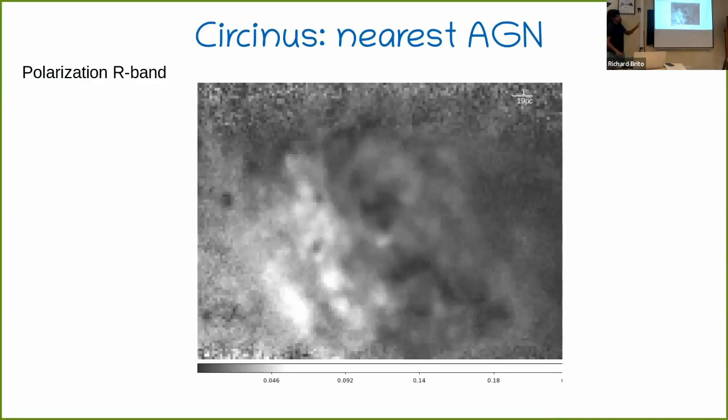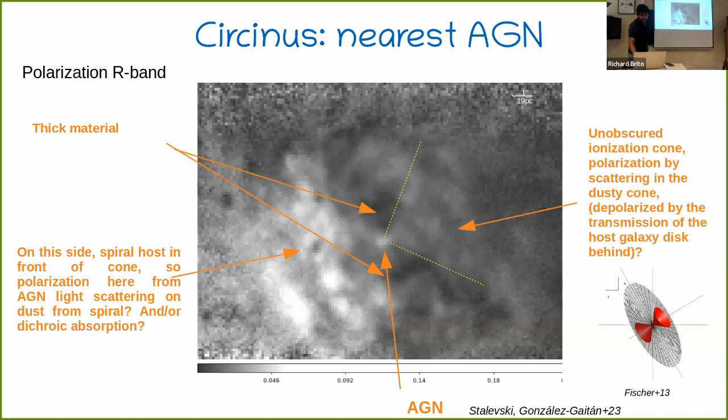This is a polarization map, so the brighter points have more polarization. And this point here in the middle exactly coincides with the actual position of the AGN. But then if you look also here, you can see a bit of a cone right there, just by eye.